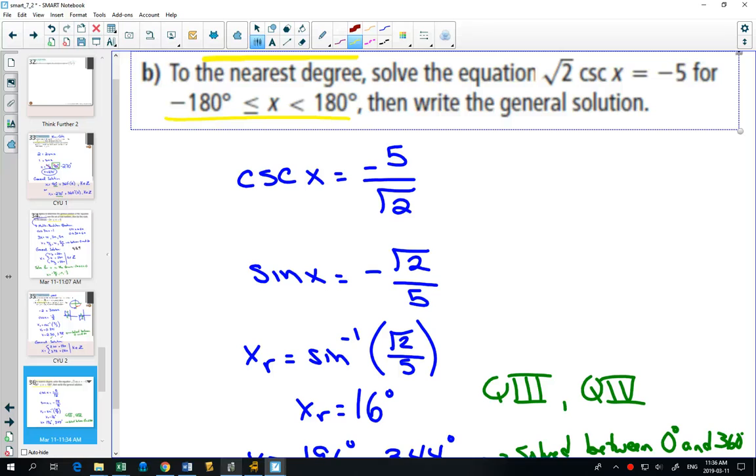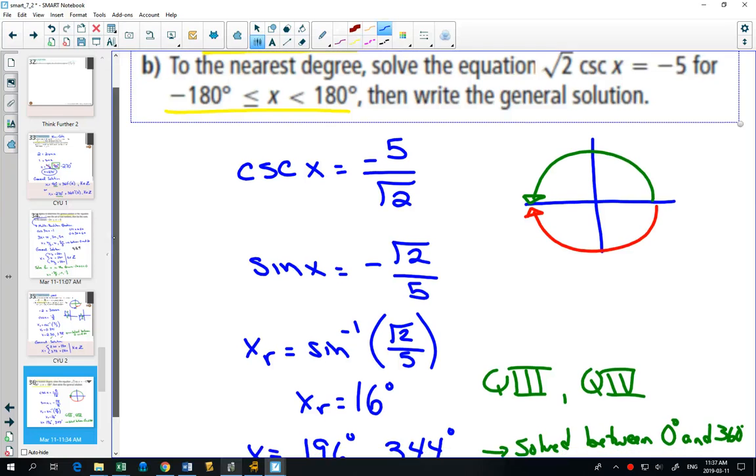So if I draw a picture of what that means, well, my positive angles would go from 0 to 180, and my negative angles would look at negative 180 to 0, so that would be all of those angles. So I would keep answers that are positive if they were in quadrant 1 and quadrant 2, but I would have to have negative answers in quadrants 3 and quadrant 4.